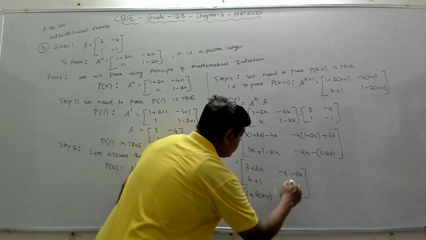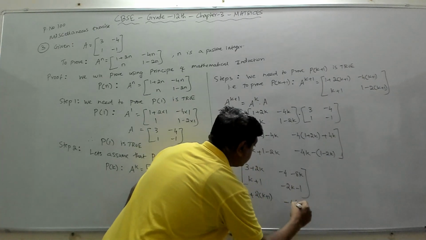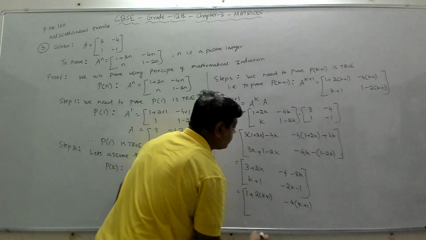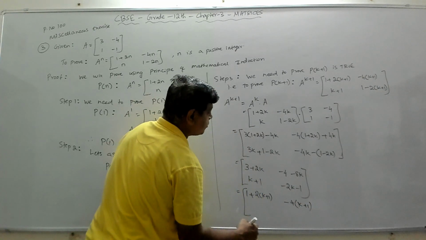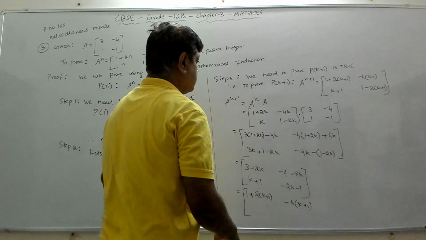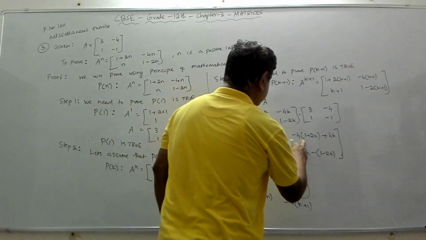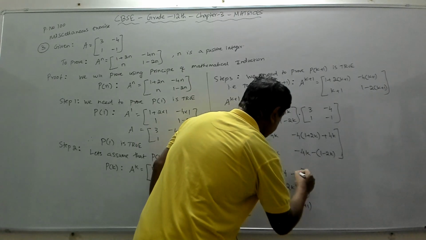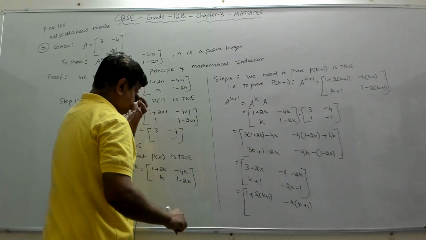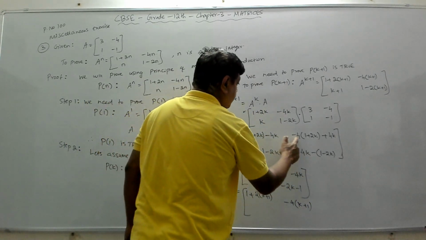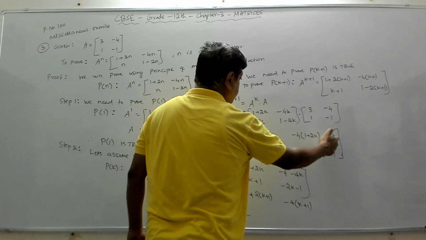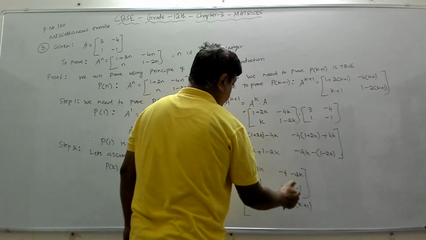So similarly here, if I take minus 4 common, I'll get k plus 1. Sorry, this will become minus 8, so this is 4k, right? So if you take minus 4 common, because this is minus 4 into 2k is minus 8k plus 4k is minus 4k.